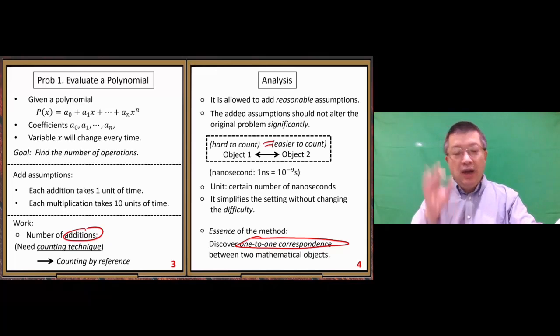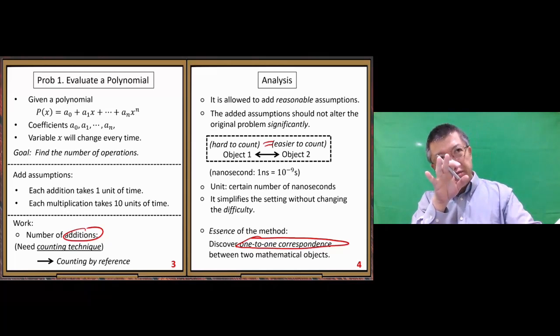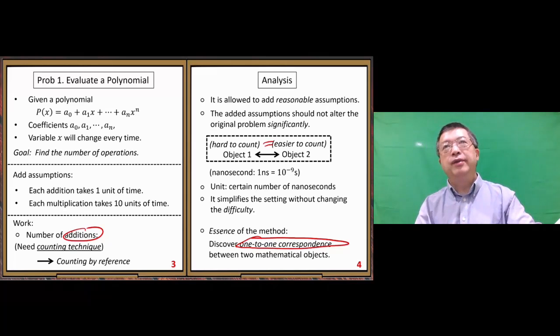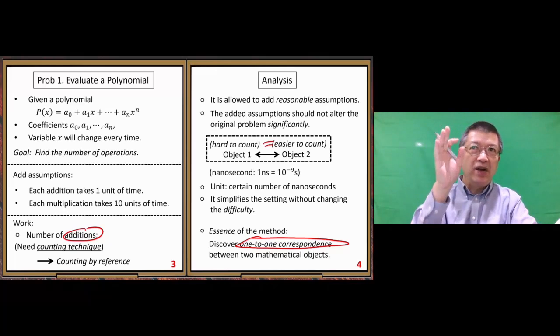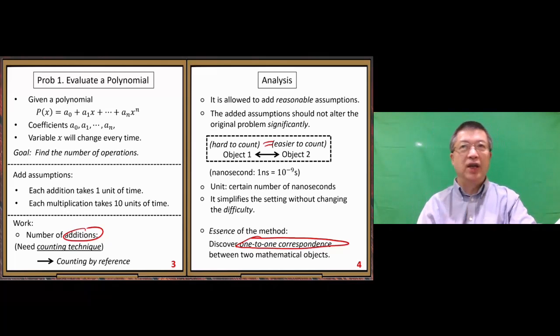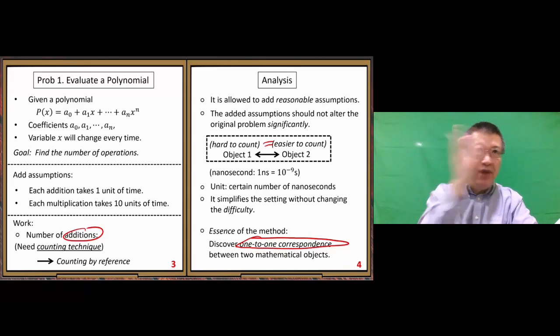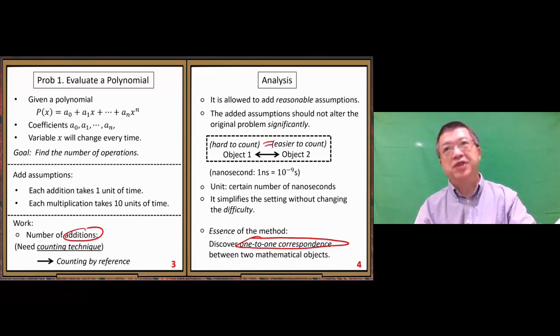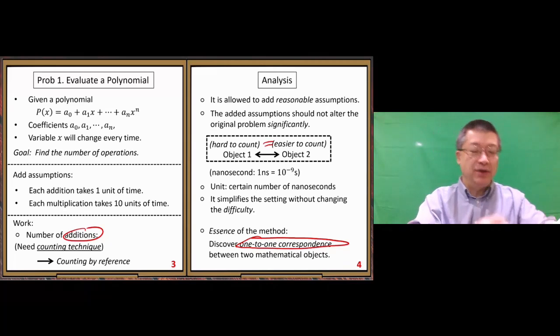But suppose it is not so easy to count it directly. Now let's create a one-to-one correspondence with another object. To discover this, you need some sharp insight. Let me point that out.